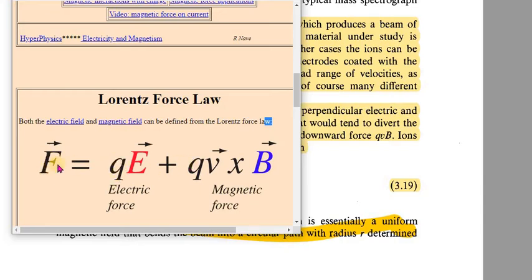Then the force is zero. If the force is equal to 0, you can write qE equal to qvB.